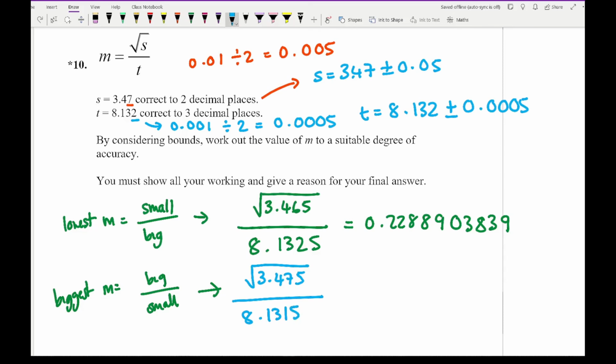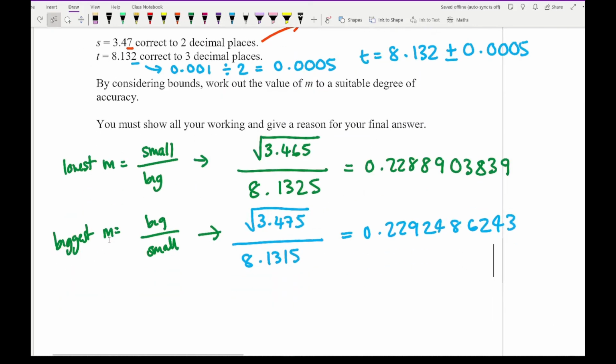So from this, what we can then do is work this out. Now by working this out, I get an answer of 0.229248623.